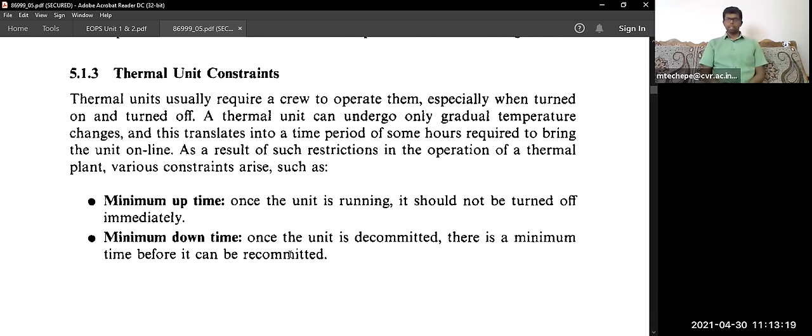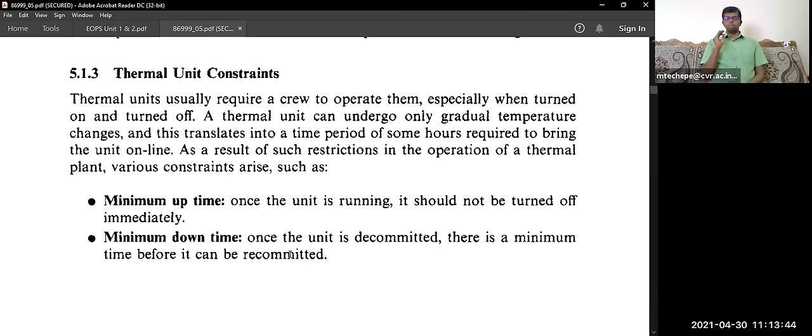So those who enter the 6 o'clock early morning shift may start their work slowly from 7 o'clock, so that they may go for generation to the particular grid from 9 o'clock. So the minimum time before it can be recommitted is called the minimum downtime constraint.